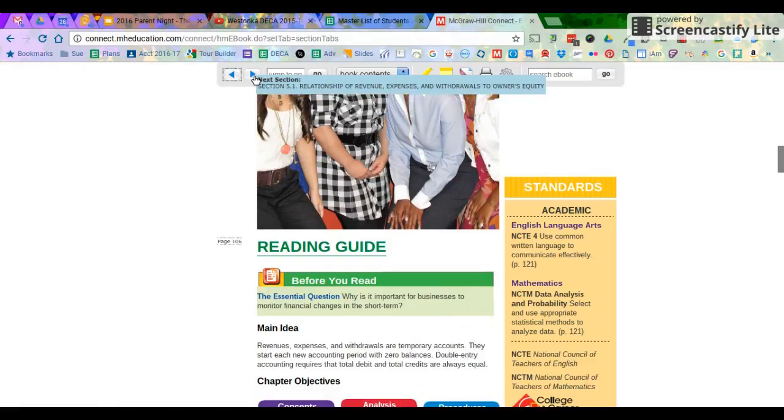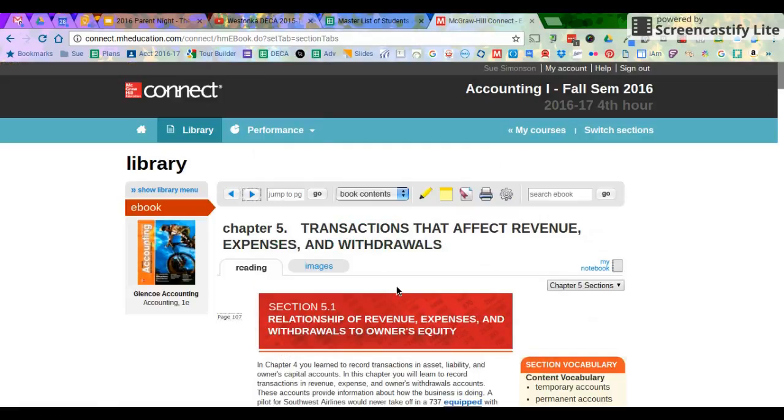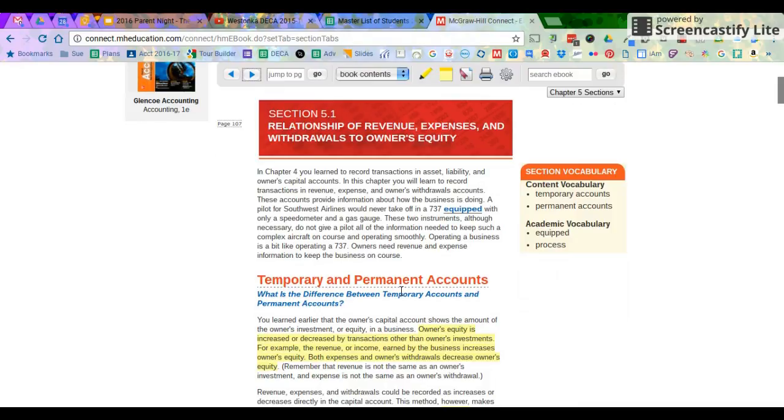So I'm going to jump into section 1, and that's where it goes into the relationship of owner's equity. It wouldn't make a lot of sense if you put every single transaction of revenue and expenses into owner's equity. Owner's equity would just be this account that's huge and has thousands of transactions in it.